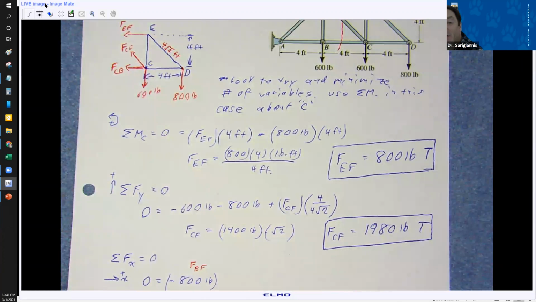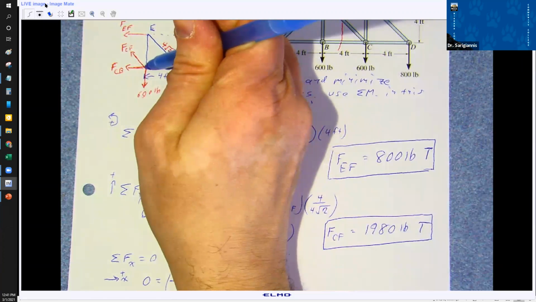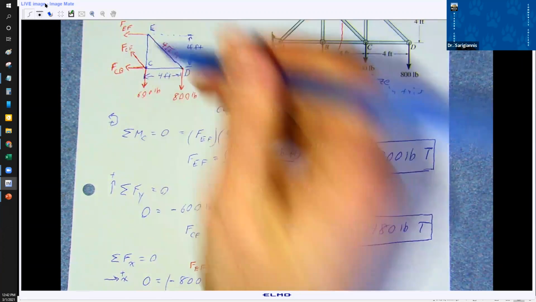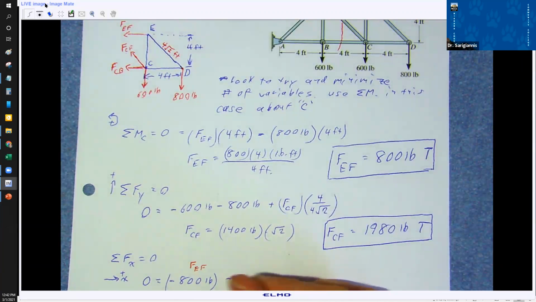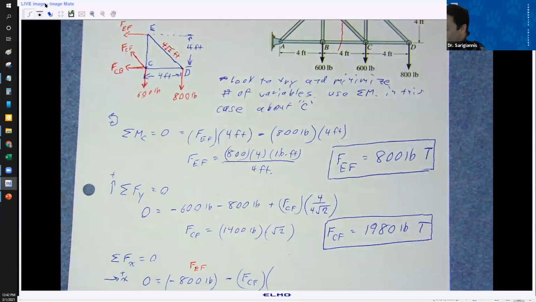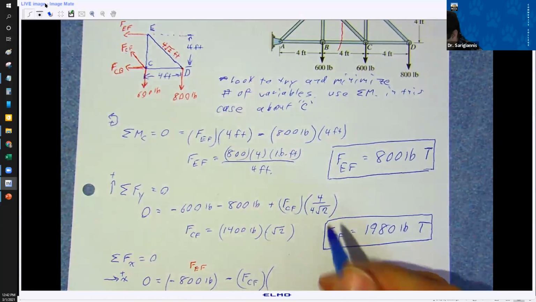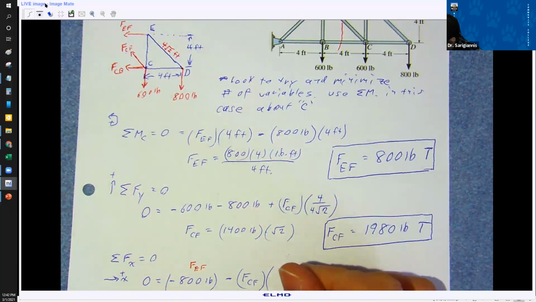FCF is also in tension, which means, again, if you draw a force triangle of this, that's a positive Y and a negative X. So that's another negative. And here we've got FCF. And to find the Y component, again, you can use sine cosine, you can use the ratio of the similar triangle heights.